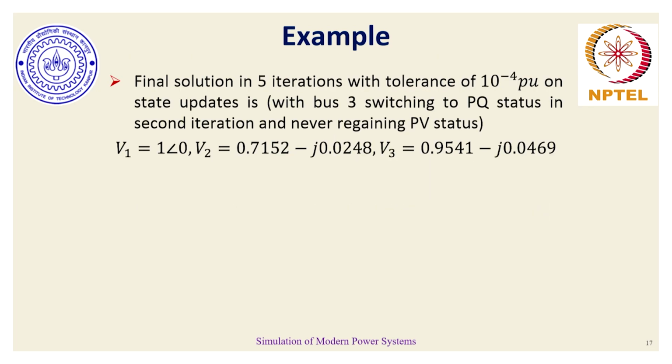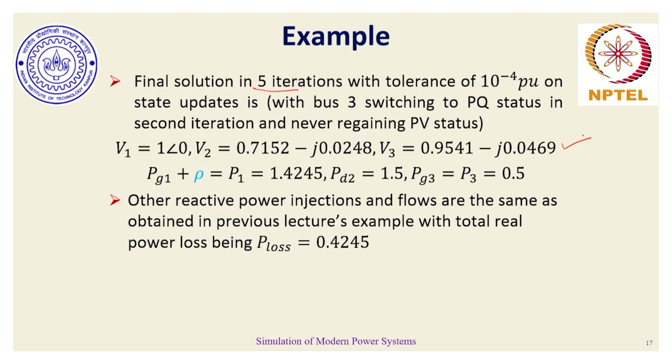And in terms of convergence, the iterations remain the same, the voltage phasors remain the same, generation, and in fact rho here at the convergence is 1.4245 as shown over here, because Pg1 is 0. So rho is 1.4245.